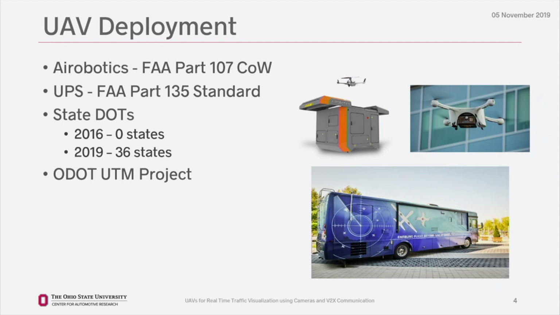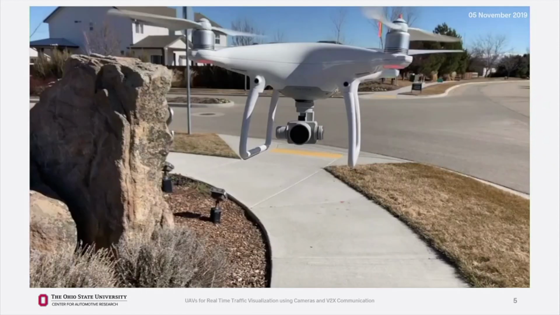So there's been a lot of work for drones to actually operate autonomously and collect data, and that already exists. But I want to offer a small video to show how important autonomy is for drones.